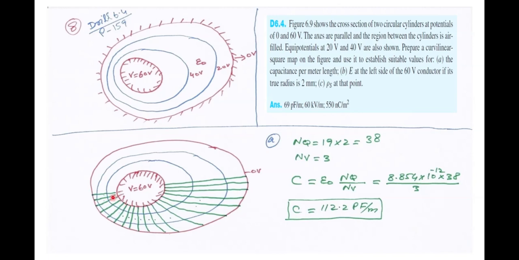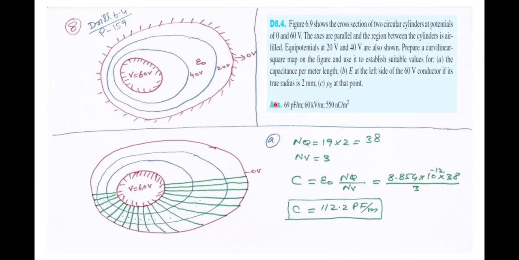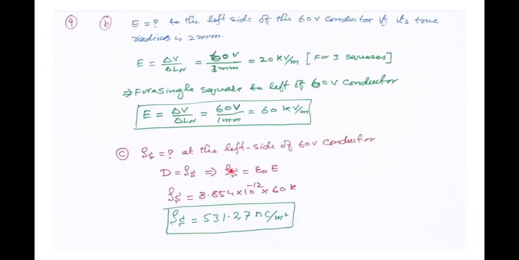Take the average value, or an approximate value of delta L, let's say 1 millimeter. Then you can obtain a result very close to the answer given in the book, which is 60 kilovolt per meter.